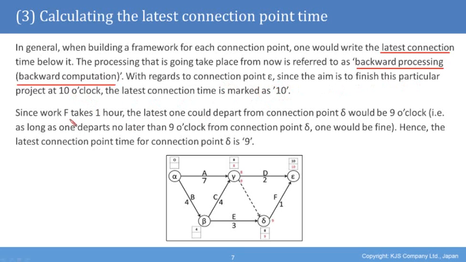Since work F takes 1 hour, we can see the latest time one could depart from connection point delta would be 9 o'clock. So we're going backwards now.